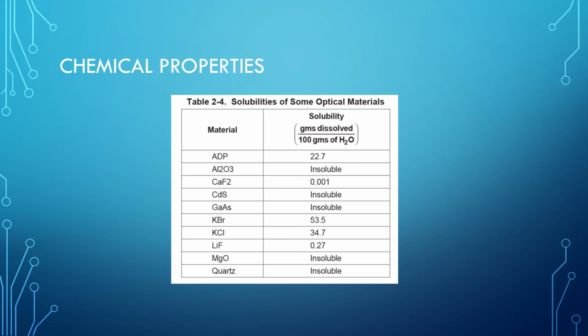So again, you could see if you have to look at whether it's insoluble or not, there are several materials here, like quartz, that's insoluble, right? So that would not get damaged by water because of that.